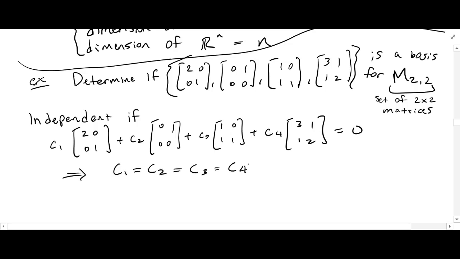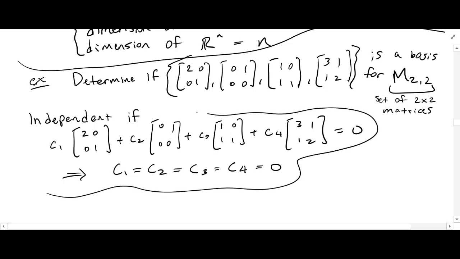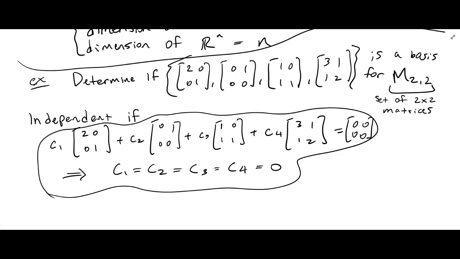So they're independent if this condition is satisfied. The only linear combination of these matrices that gives you the 0 matrix is the 0 combination. That's what we need to show to show that they're independent. Or if they're not independent, then we need to show that there's some non-zero combination that gives us the 0 matrix.